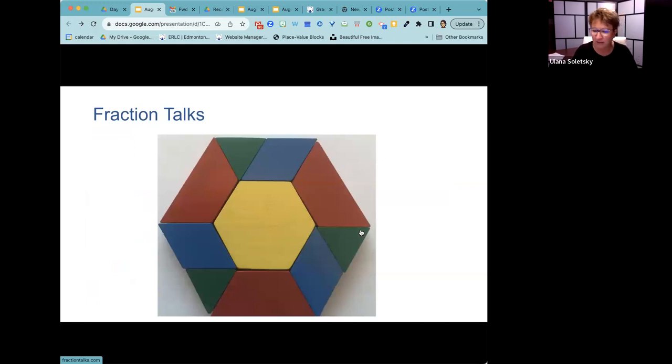Well, the bottom line is, if this is my whole, how many yellows will I need to fill the whole? I would need 3 of them. So the yellow would be 1/3 of the whole.